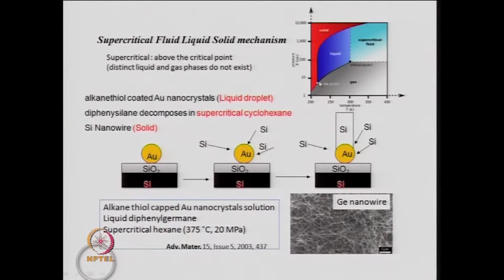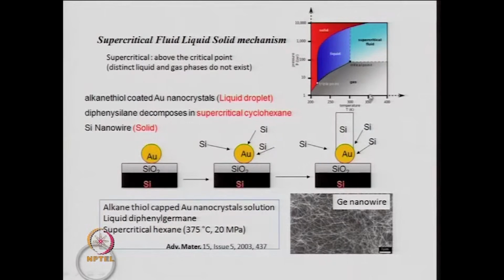So long as you have this curve, you can differentiate that in this region the system, whether it is oxygen or some other gas, will remain like a gas. However, if you cross this region, that means if you increase the pressure beyond a certain value at a certain temperature, it will become a liquid.